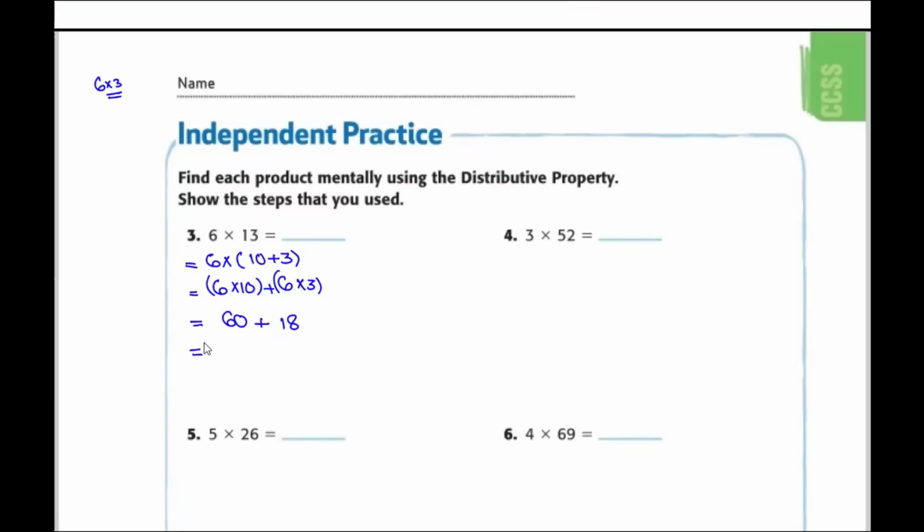We put the 1 with the 6, which equals 7, hmm, 60 plus 18 equals 78. So 6 times 13 equals 78.